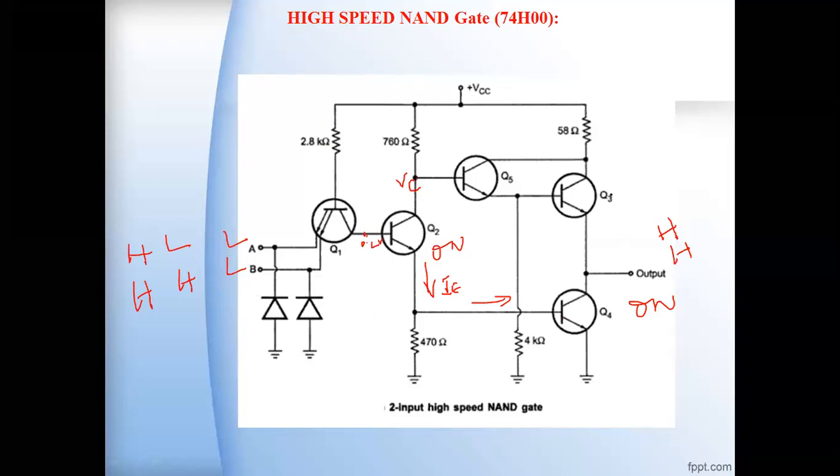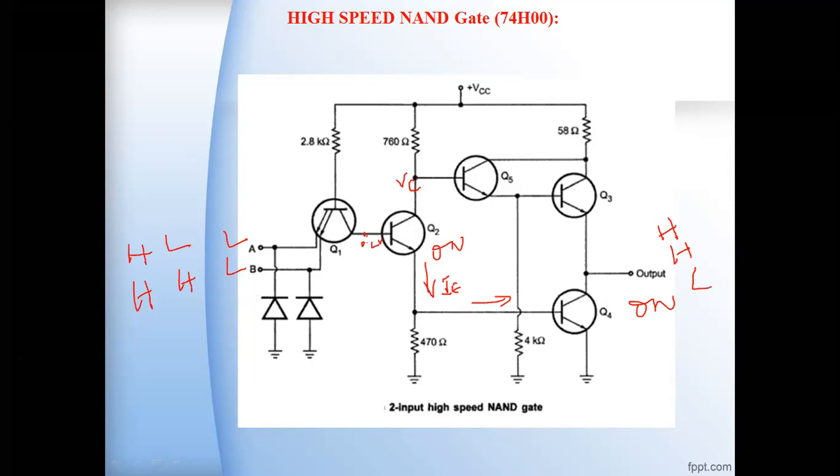Thereby the transistor Q3 is off, because the collector voltage at Q2 is already a low value, which is an insufficient voltage to drive Q5. So here Q5 is in the off state, and then Q3 will also be in the off state here. So the output is pulled down to the low value.